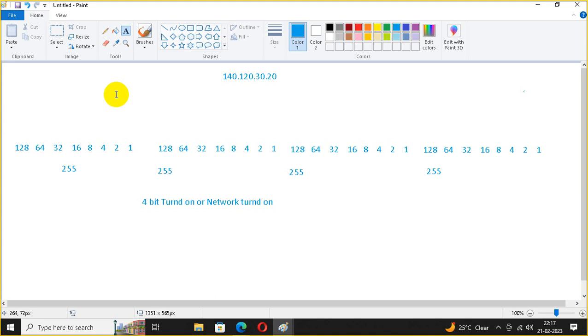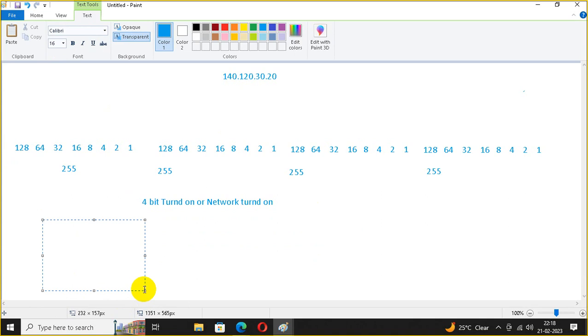They segregate this IP address into classes. Got my point? What are the classes?